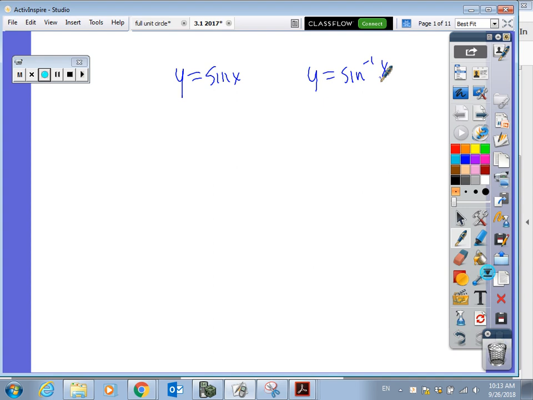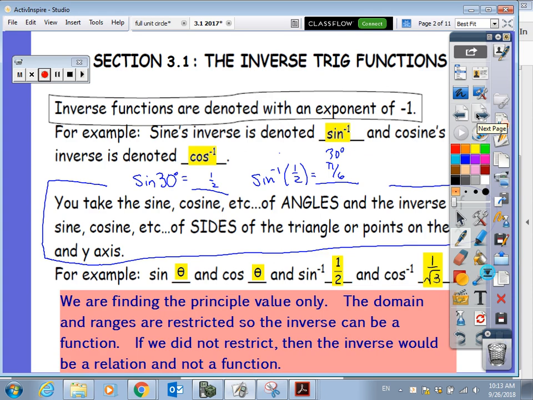Hopefully we know that. Y equals sine x looks like this. Y equals the inverse sine of x looks like that. So it's the opposite. The sine of an angle is not the same as the inverse sine. This is the sine, this is the inverse sine.